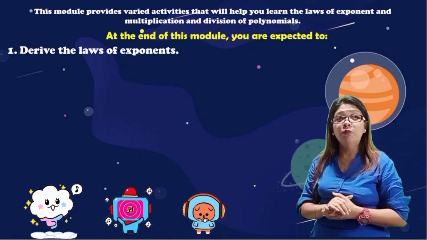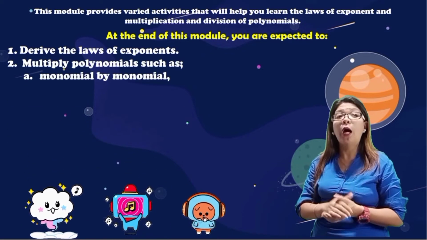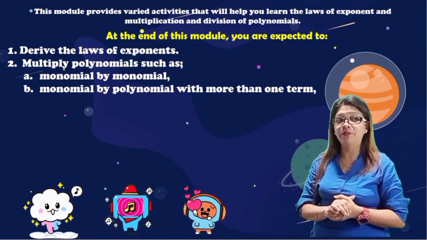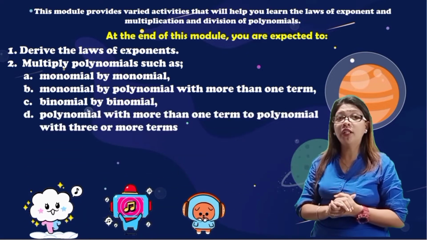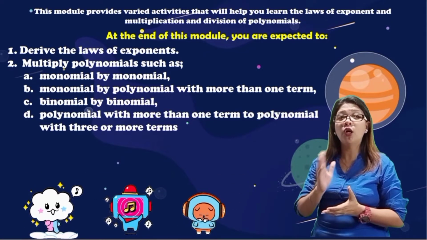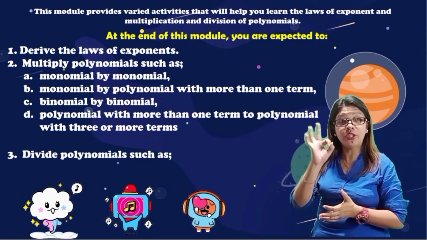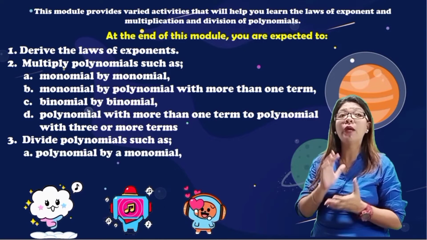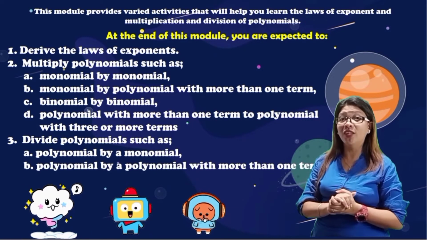Number 2, multiply the polynomials such as monomial by monomial, monomial by polynomial with more than one term, binomial by binomial, polynomial with more than one term to polynomial with 3 or more terms. And lastly, number 3, divide polynomials such as polynomial by a monomial, polynomial by a polynomial with more than one term.